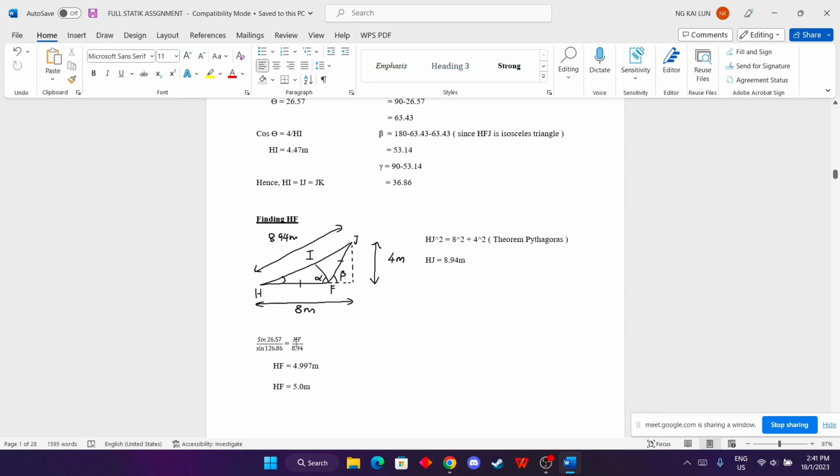From here, we get HF equal to 4.997 meter, which I rounded up to 5 meter. So now I know HF is 5 meter.